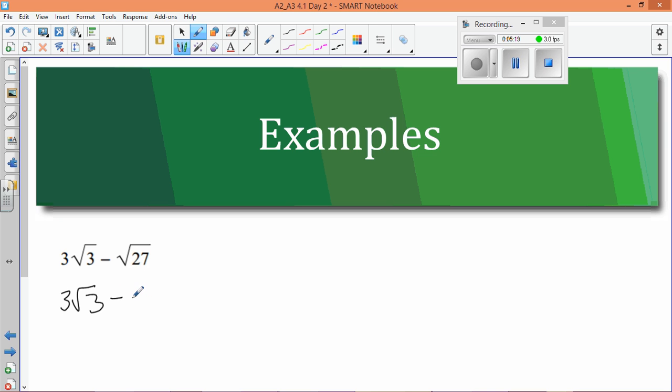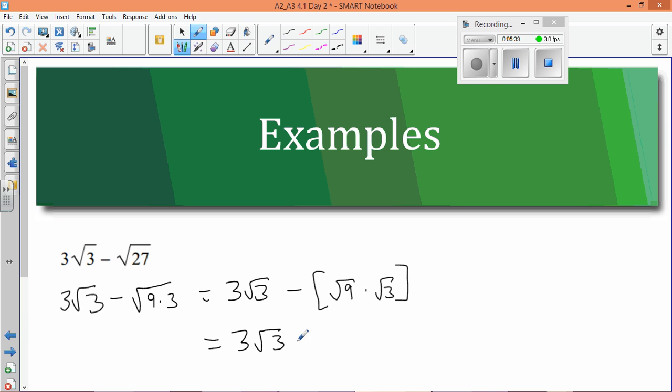Turns out that that is, of course, 9. So this simplifies to root 9 times root 3. And then we can think about this as 3 root 3 subtract, and I'll put this in brackets, root 9 times root 3. We can simplify what's in the brackets, keeping the 3 root 3, of course. Root 9 is 3, so that's minus 3 root 3.